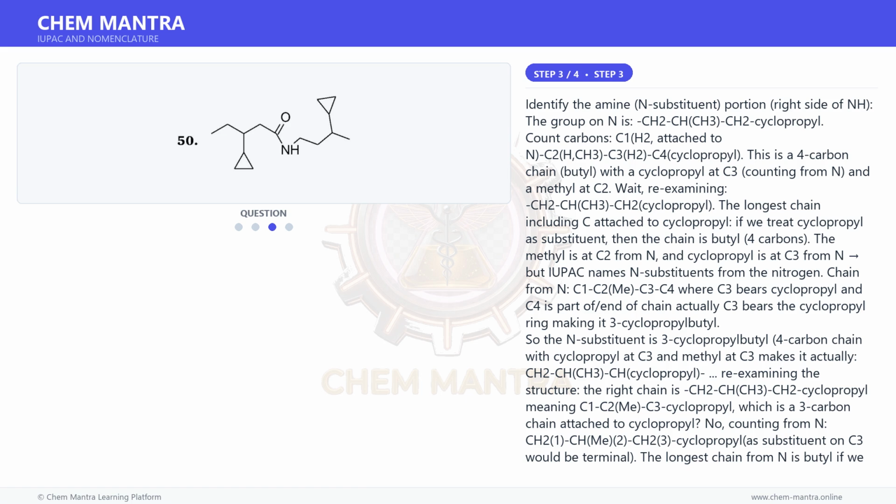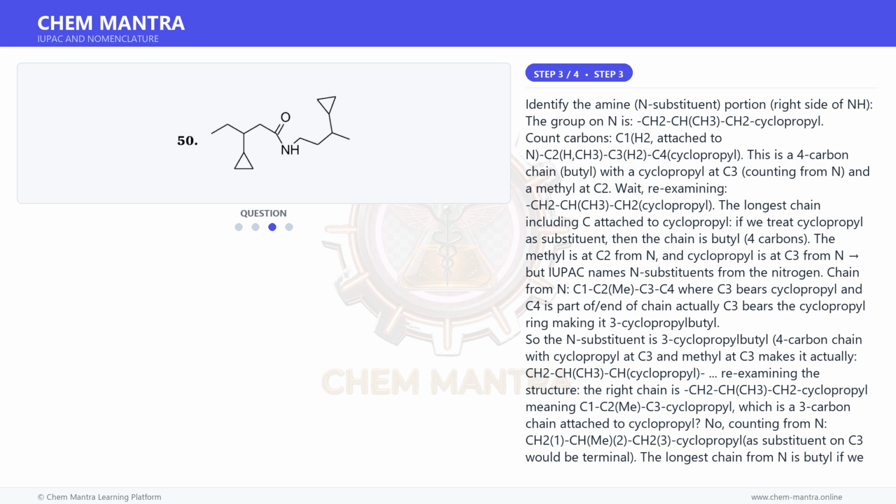which is a 3-carbon chain attached to cyclopropyl? No, counting from N: CH2 is 1, CH with Me is 2, CH2 is 3, with cyclopropyl as a substituent on C3 being terminal. The longest chain from N is butyl if we count into cyclopropyl, or just 3 carbons with cyclopropyl as a substituent on C3, 3-cyclopropylbutyl with the methyl making C2 a branch.